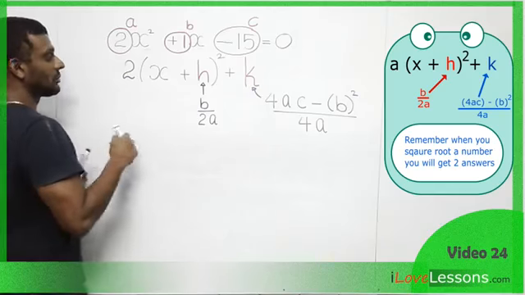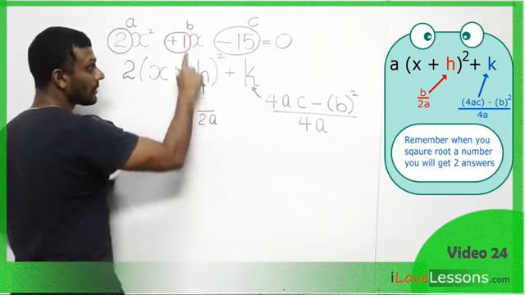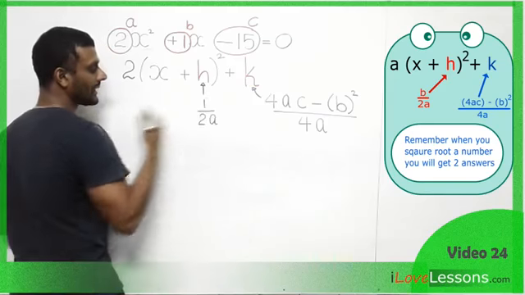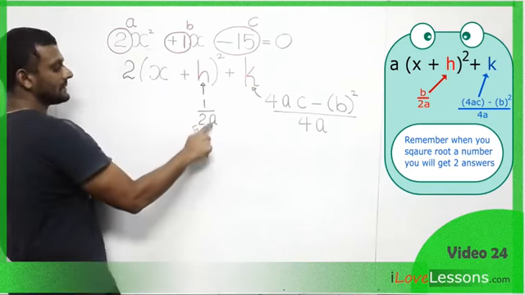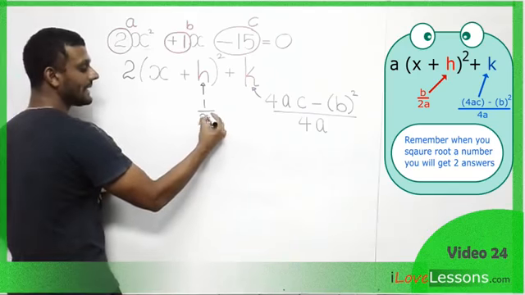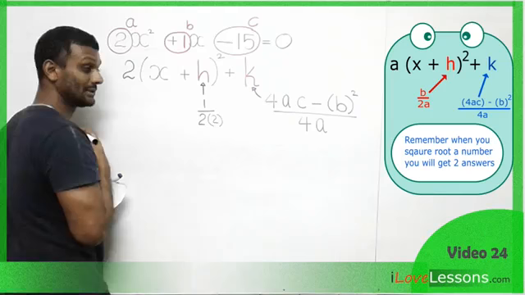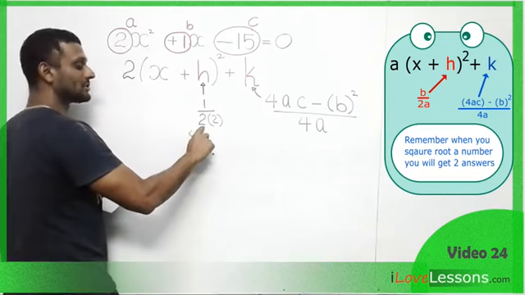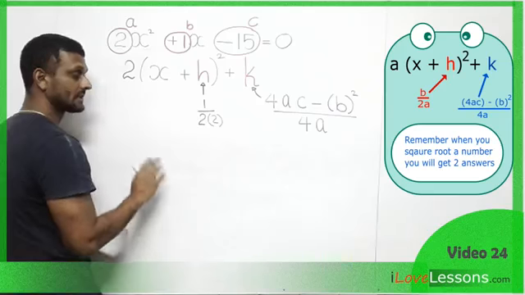To find h, we just need to take the value of b. b is positive 1, so I'm going to write in my 1. 2 is part of the formula, and a is 2. So I'm going to erase the a and make sure I put it in brackets, otherwise it will look like 22. We do not want it to be 22. It's ready to multiply by 2. So the brackets are very important.